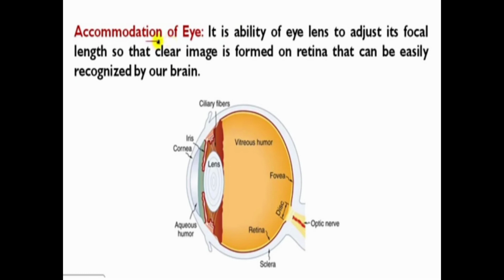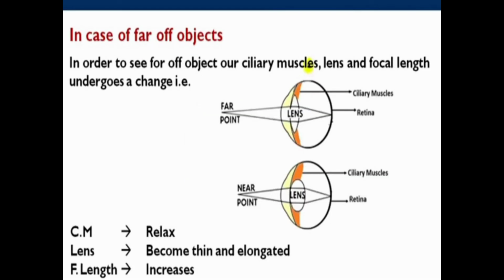The capacity of the eye lens to adjust the focal length, so that a clear image is formed on the retina, and that image can be easily recognized by our brain.